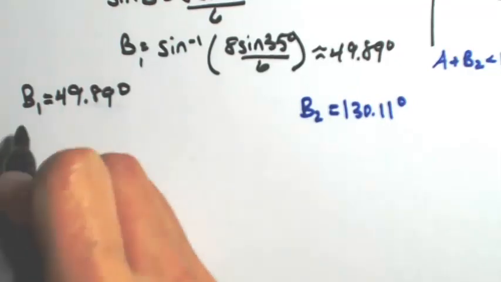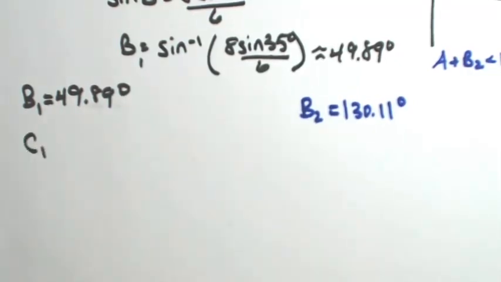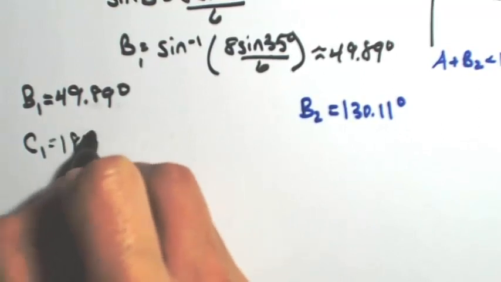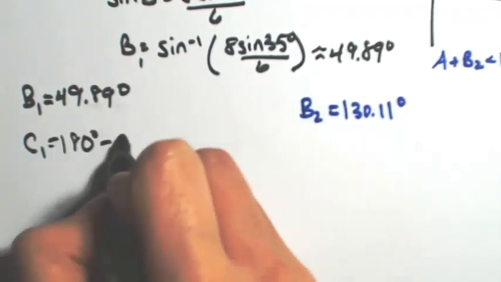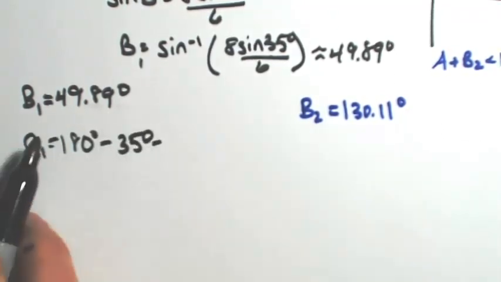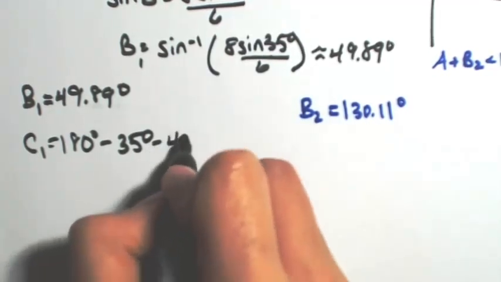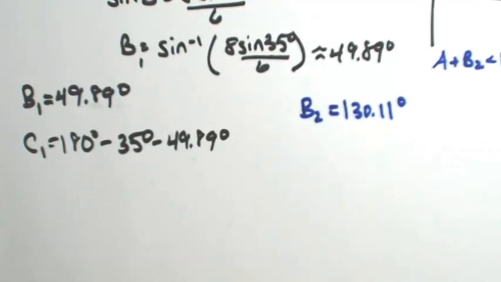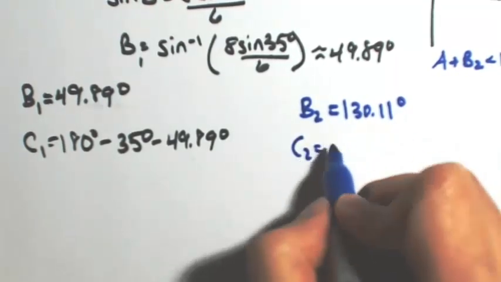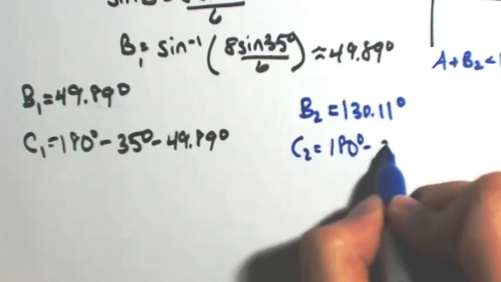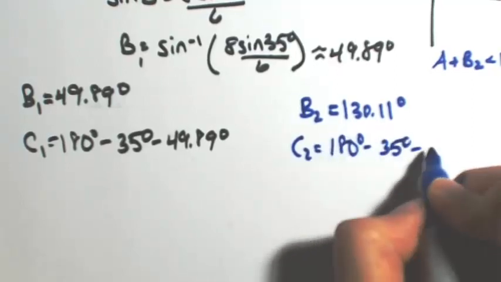So since I have angle A, I can find angle C. So I'm going to take 180 degrees minus 35 degrees minus B1, so I'm trying to find C1, so 49.89 degrees. Then for C2, we'll do the same thing. So 180 degrees minus the 35 minus B2.